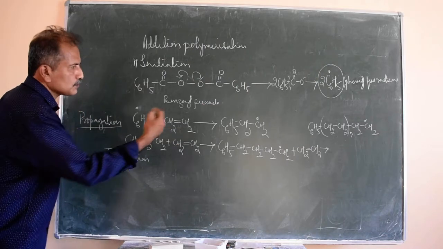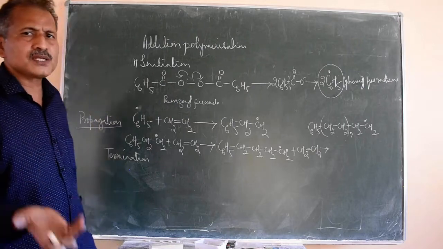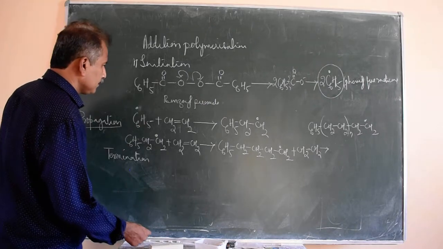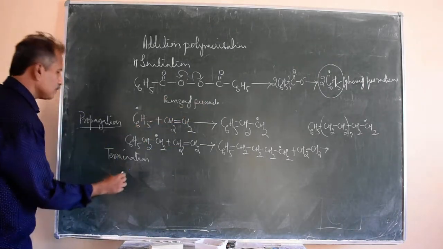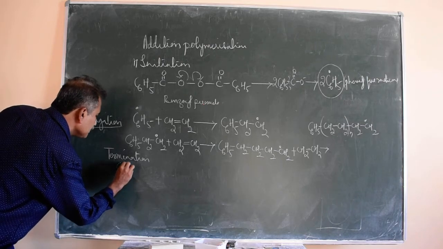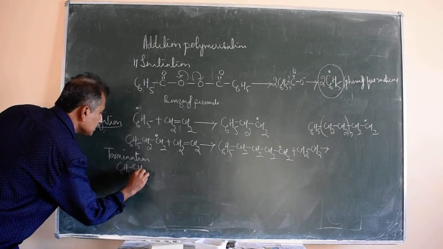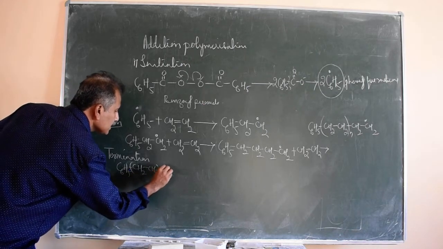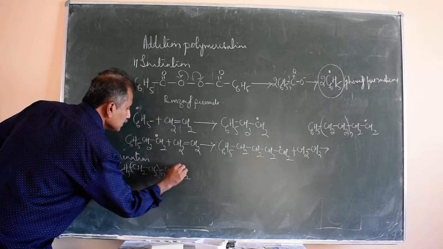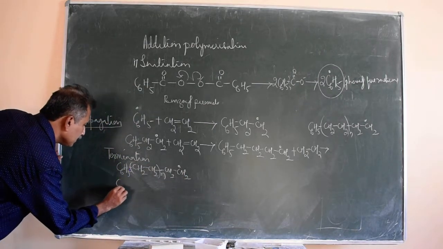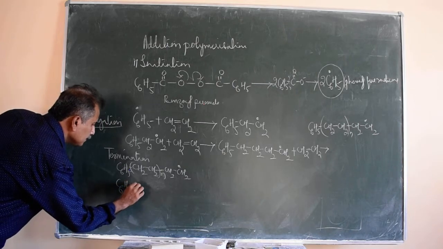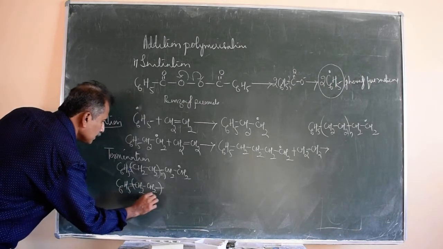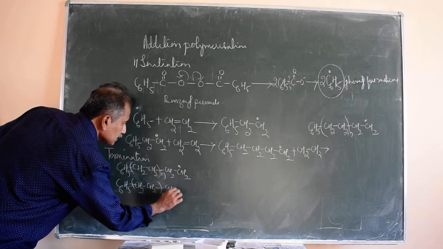So two such chains might come, and there are various possible ways in which the reaction can terminate. Let us say we have two such chains with us. So C6H5-(CH2-CH2) n number of times, and we have another chain (CH2-CH2) n number of times.